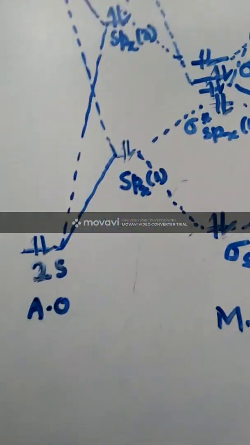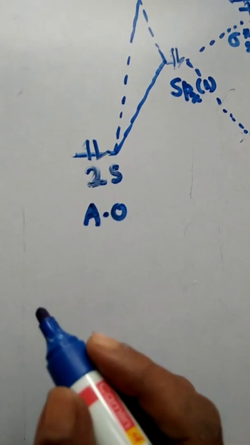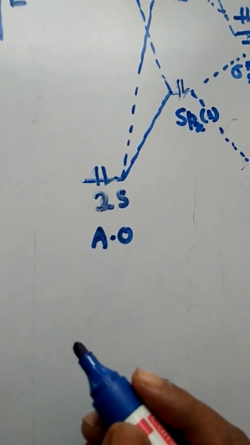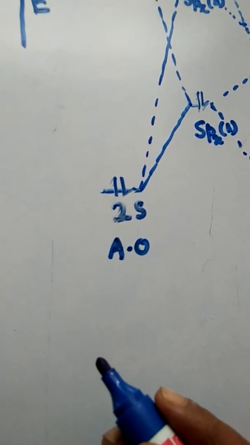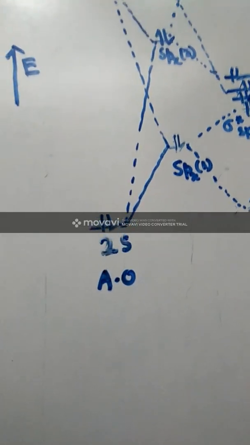Now we will write the electronic configuration, that is the MO electronic configuration of these molecules. A general configuration I will write. Then we will calculate the bond order for these molecules.